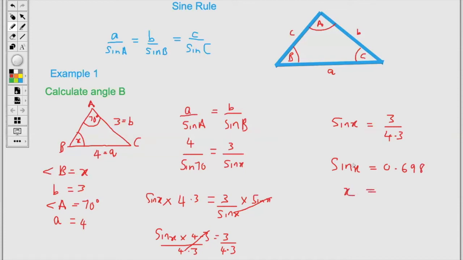Now carrying sine over the equal sign, it becomes a sine inverse. So we find the sine inverse on our calculator of 0.698, and our answer will be 44 degrees. And that's it. And this is a rounded off value.